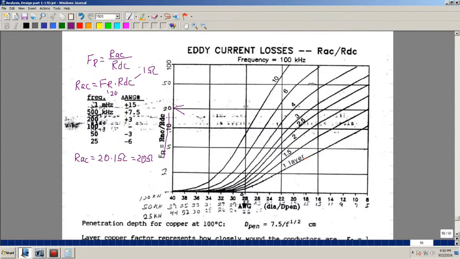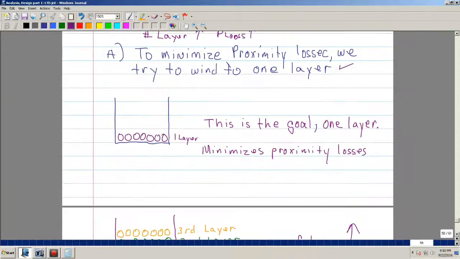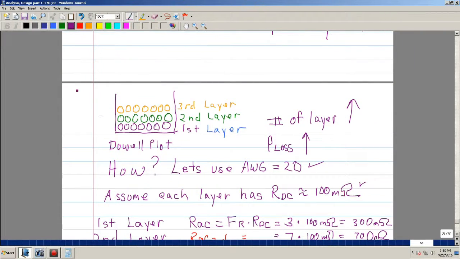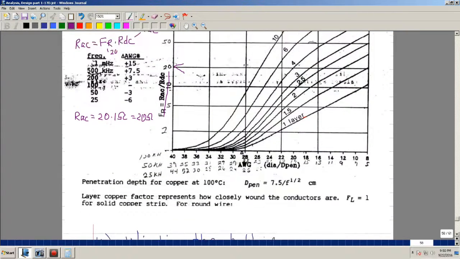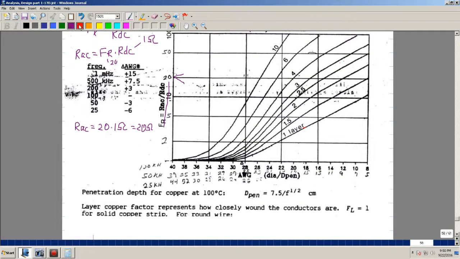So the first layer, let's calculate the power loss of the first layer. Remember, each has 100 milliohms, 100 milliohms, 100 milliohms. So we're going to calculate the first one. Since we're using a 20 gauge, here's 20 approximately, close enough.